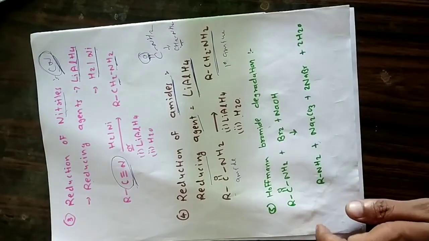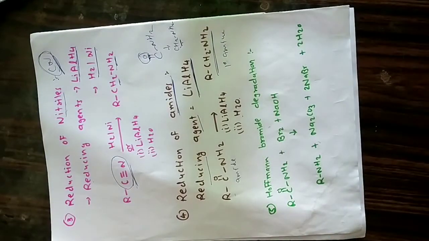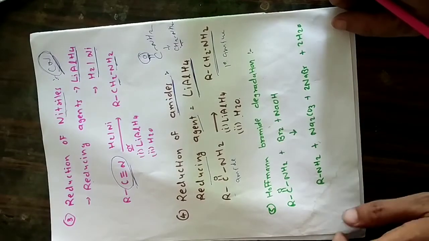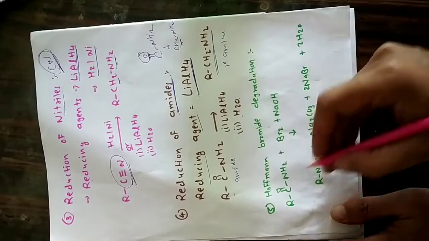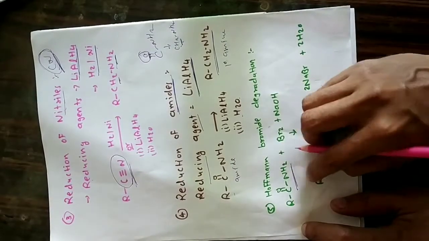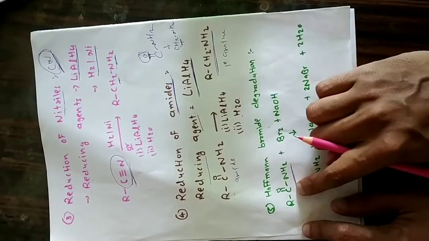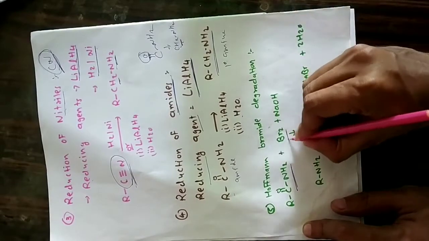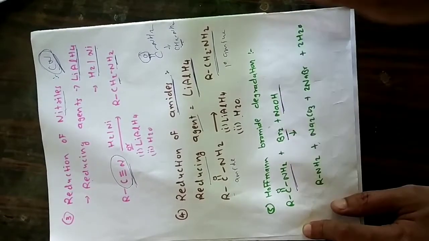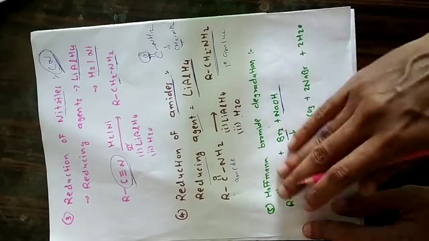Now next reaction is important, fifth one, Hofmann bromamide degradation. In that you have to take amide as the previous one. Amide reacts with bromine in presence of strong base NaOH.